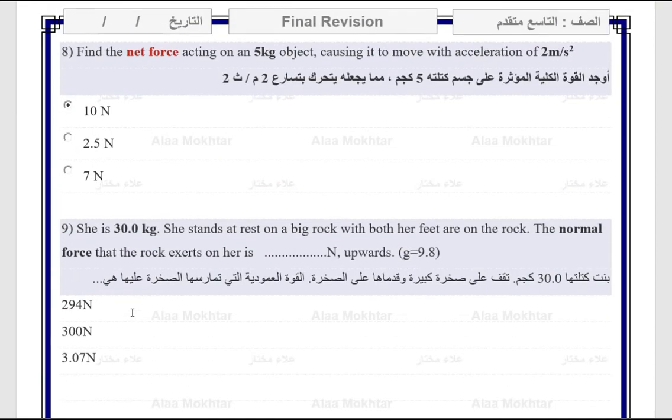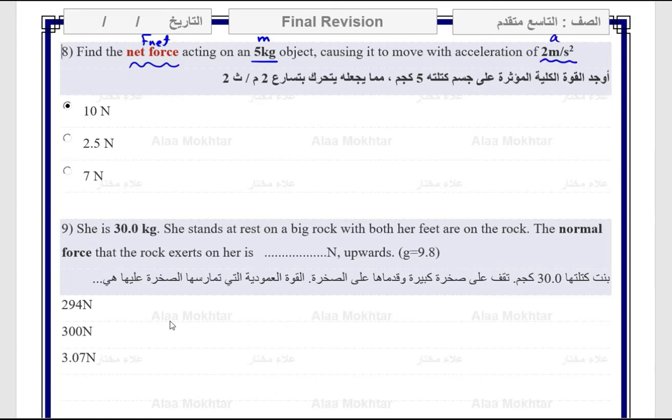Question number 8. Find the net force. Again, net force is F net, acting on a 5 kilogram object. 5 kilogram means mass. Mass is measured in kilogram. Causing it to move with acceleration. Acceleration is small a.